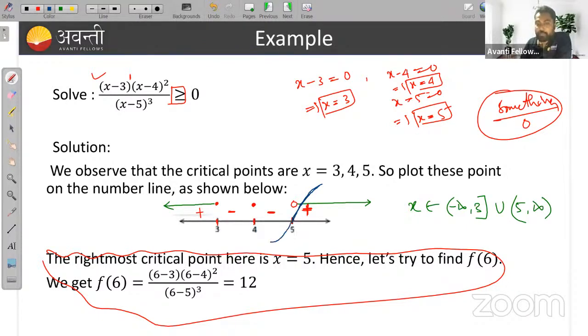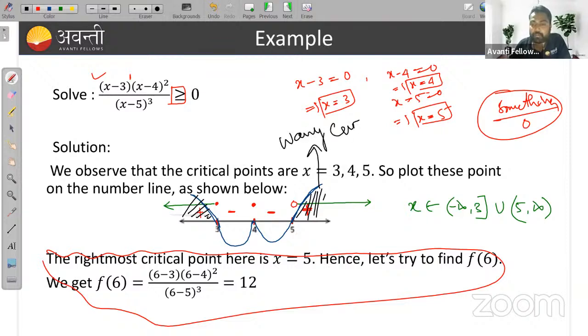If you are getting an even power factor, then continue with the same sign to the next point. Then if you are getting another odd power factor, you have to move. So this is my solution region, this is my positive region. That's why we are calling this method the wavy curve method. It looks like a wavy curve.